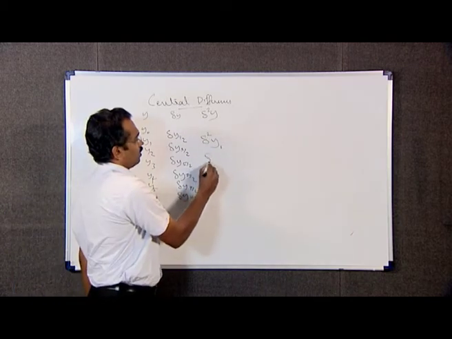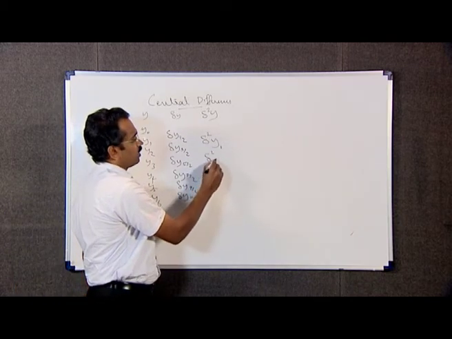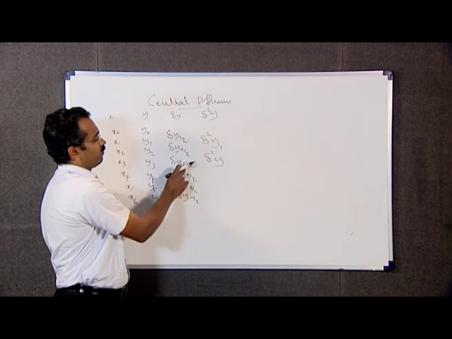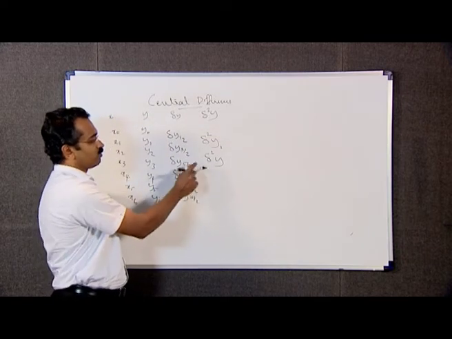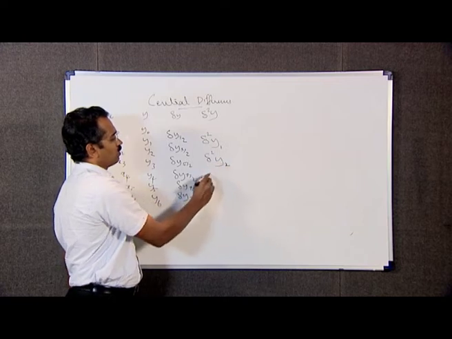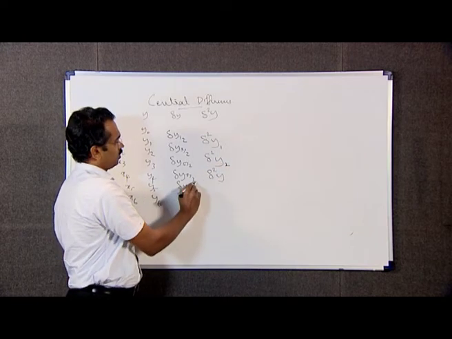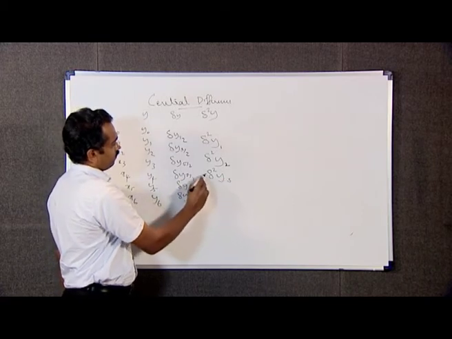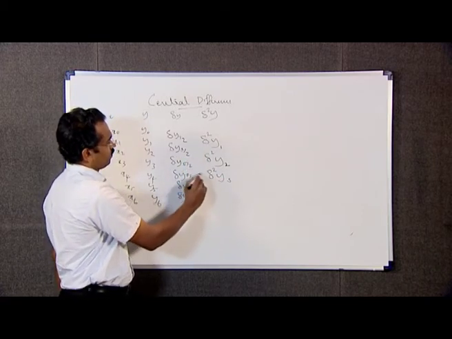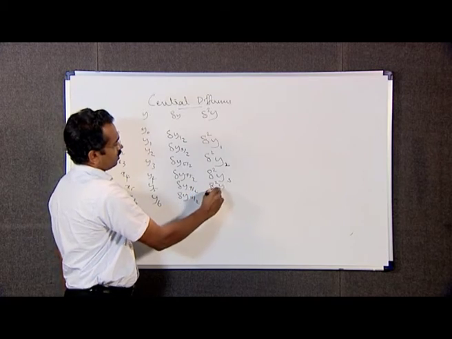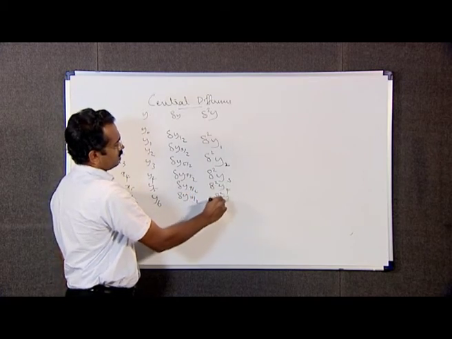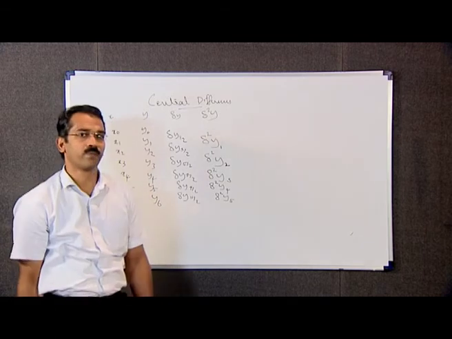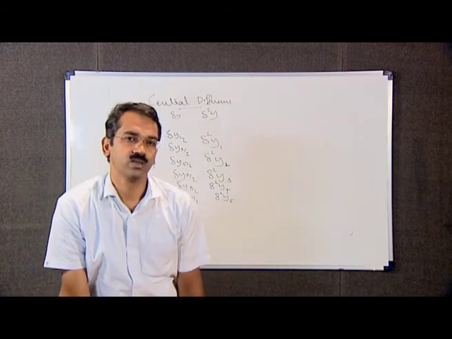Here 5 plus 3 is 8, 8 by 2 is 4, 4 by 2 is 2, delta square y 2, delta square y 3, delta square y 4 and delta square y 5, taking the averages.